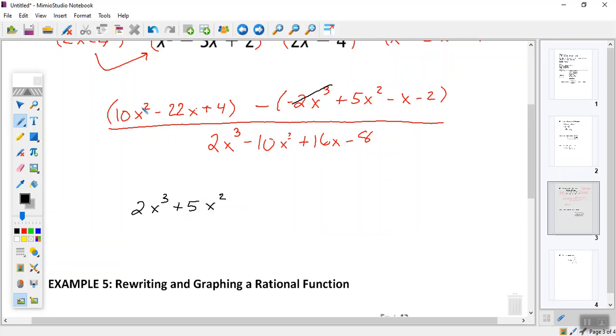So this is gone along with this, right? I would have negative 22x minus a negative 1x, so really plus 1x. So wouldn't that be minus 21x? So this is gone along with this, right? And you've got 4 minus negative 2, which is what? Okay. All over that.